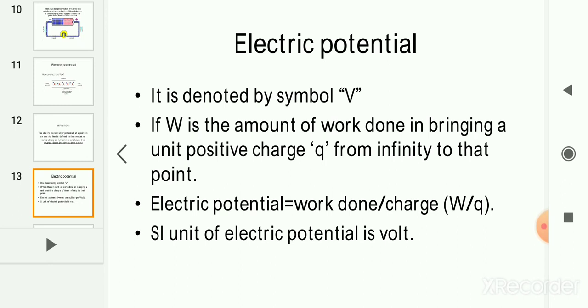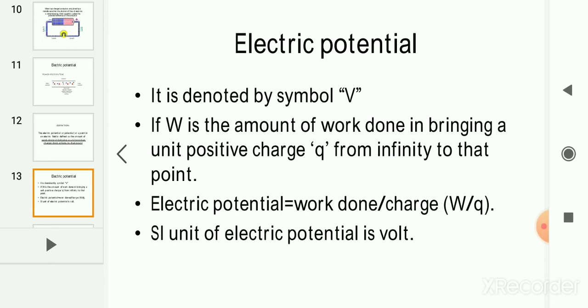To give clarity in the definition, each quantity is denoted by a letter: V is electric potential, W is the amount of work done, and Q is the charge.